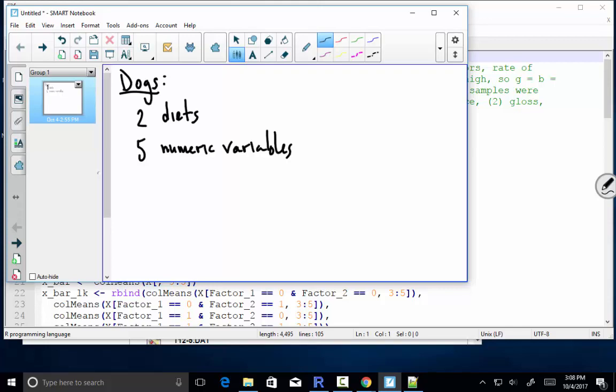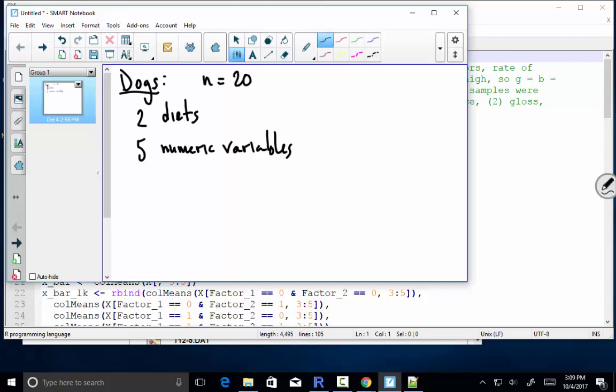One way to go about this problem is the usual STAT 101 univariate style. That would look like go to each variable, triglycerides say, and we have close to 20 dogs.